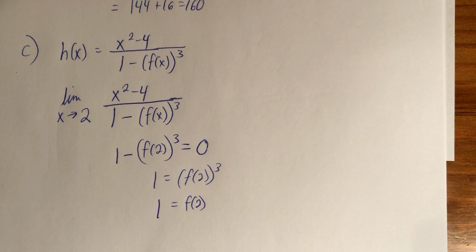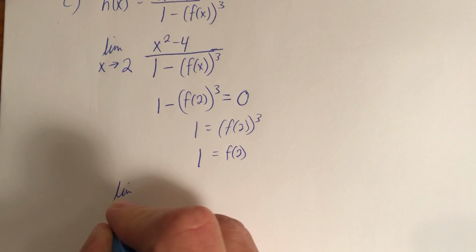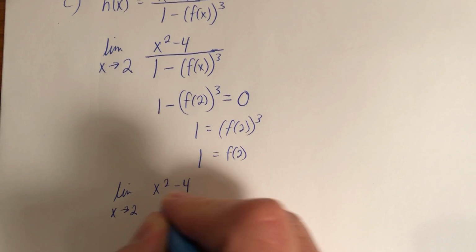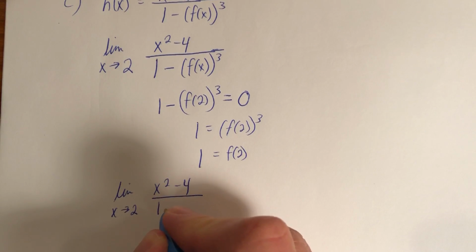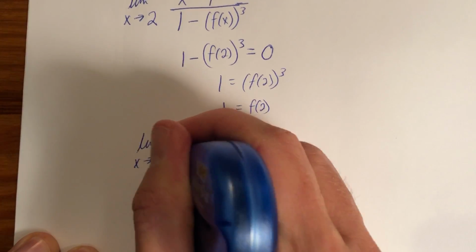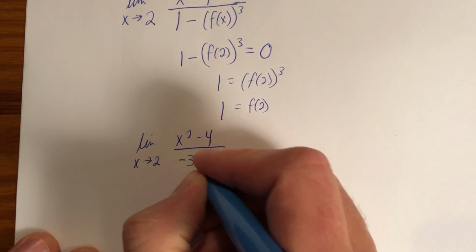Okay, I had to L'Hopital, so everything I just wrote, I will continue to write. So the limit as x approaches 2 of x squared minus 4 over, sorry. If I'm not speaking clearly, it's my fault.